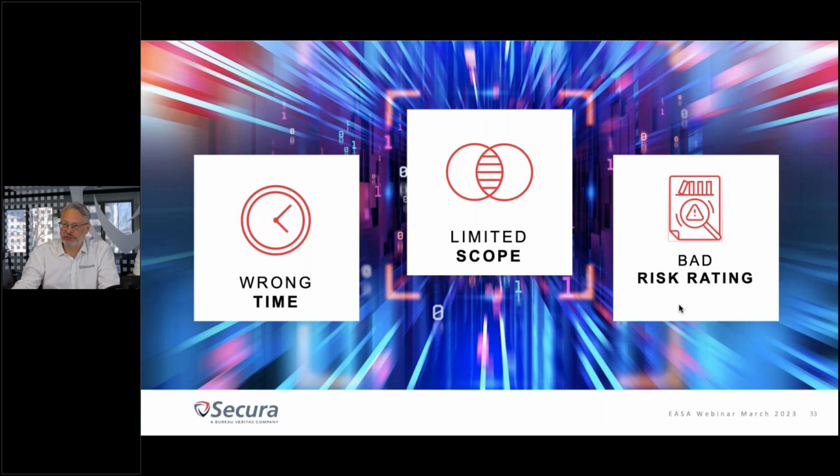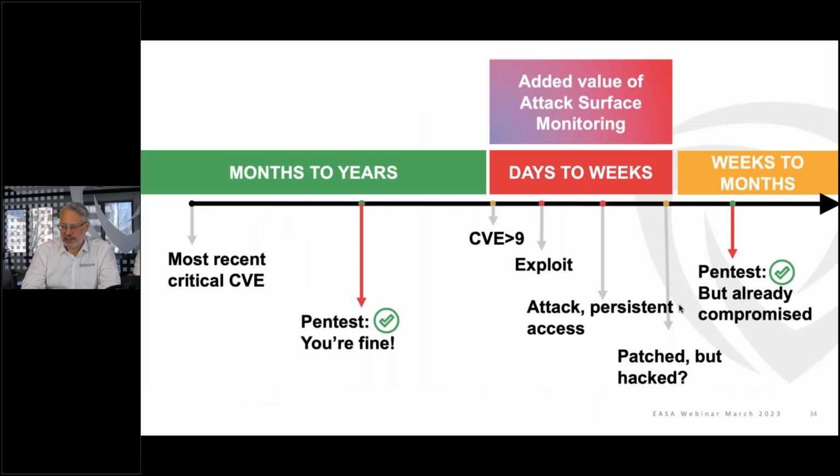So it will give you lots of vulnerabilities, it will look in depth, but if you're looking at when CVEs are discovered versus when they're fixed and when the pen test is done, you will see that 9 times out of 10, the pen test says you're fine, or you have some vulnerabilities, but you can fix them.